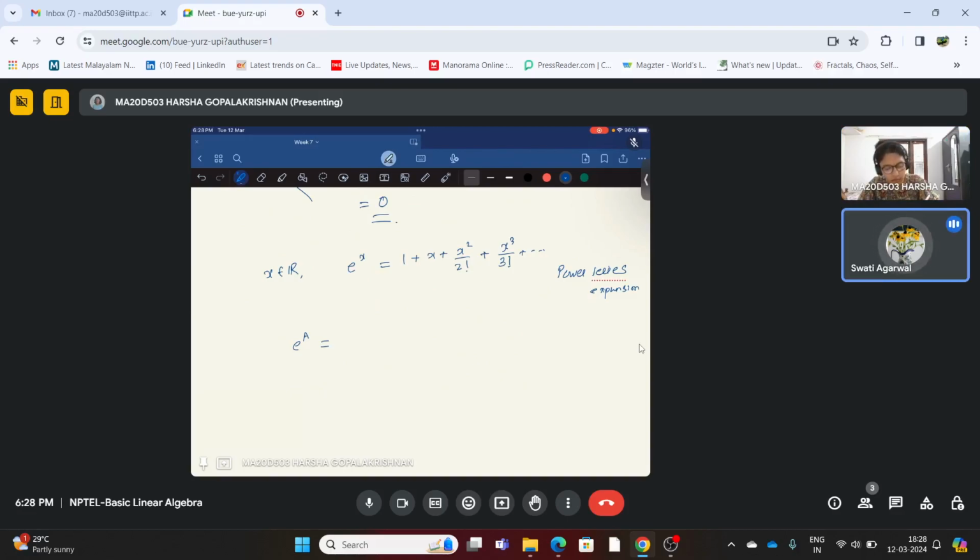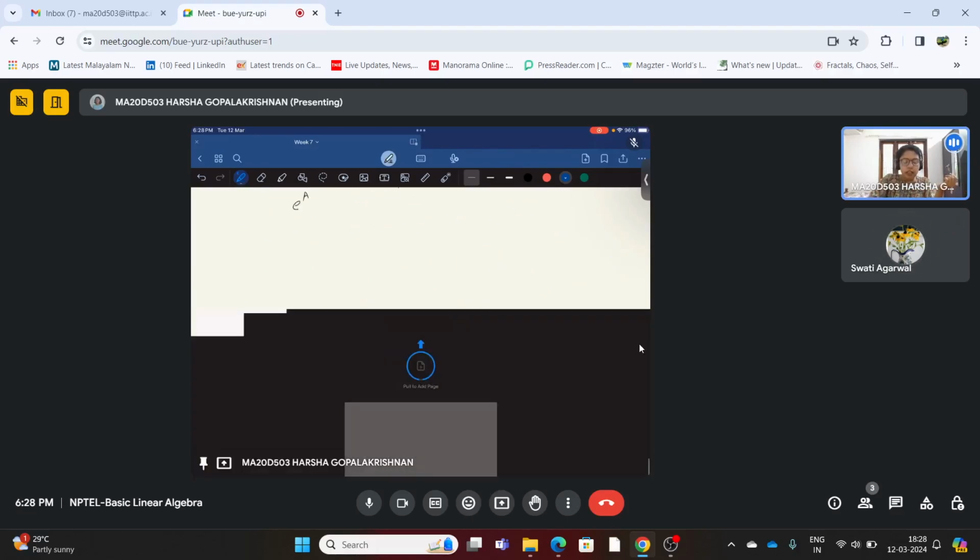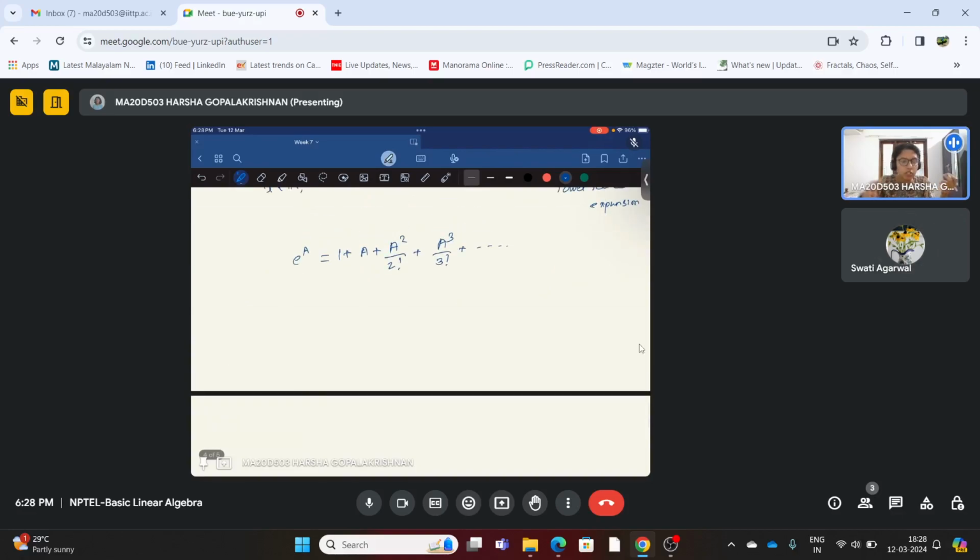Same thing: 1 plus A plus A square by 2 factorial plus A cube by 3 factorial plus etc. Now, it is going infinitely, A power n and so on. Is this possible? If I am giving some random A, is it possible to find A power n for any n?